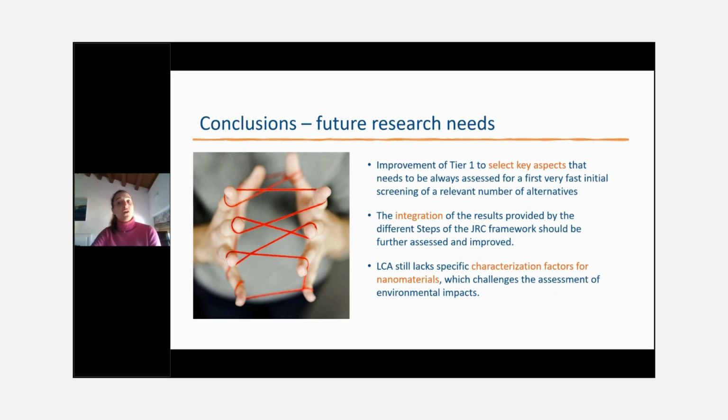The integration of the results provided by the different steps of the JRC framework should also be further assessed and improved. We have some suggestions in this direction that we will further present. And then the application of LCA to the materials identified that there is still a lack of specific characterization factors for nanomaterials, which needs to be further developed.